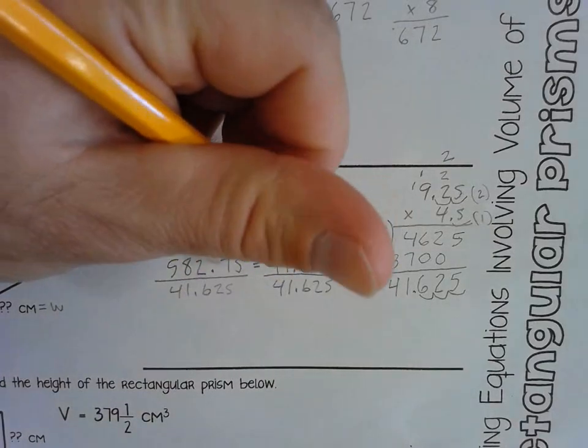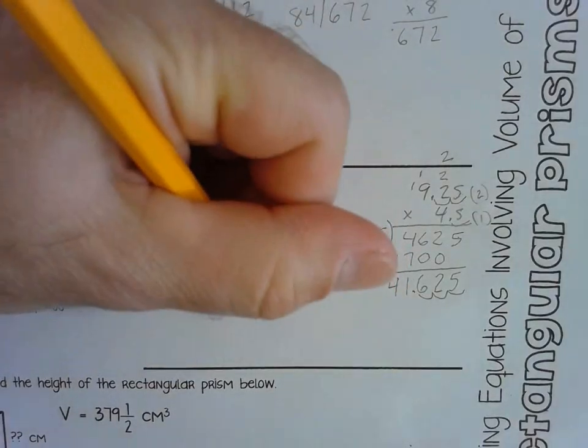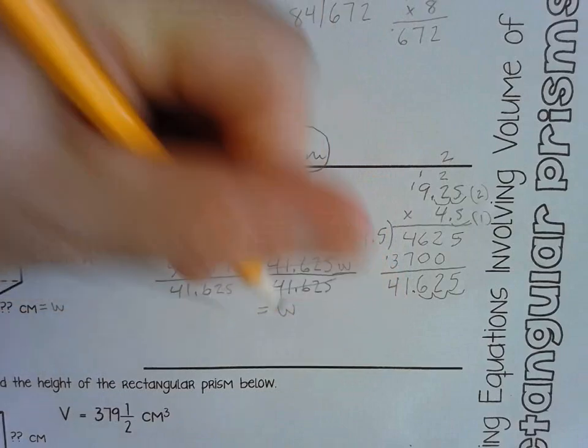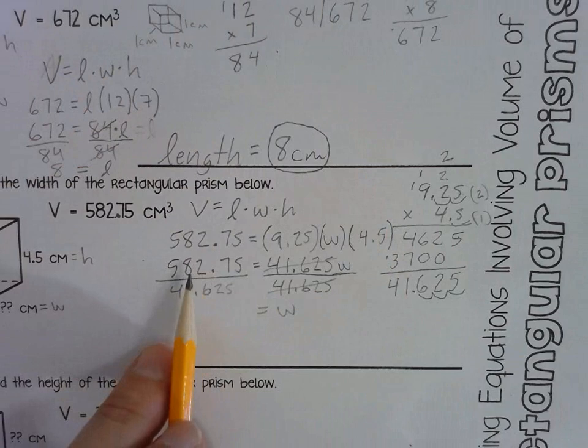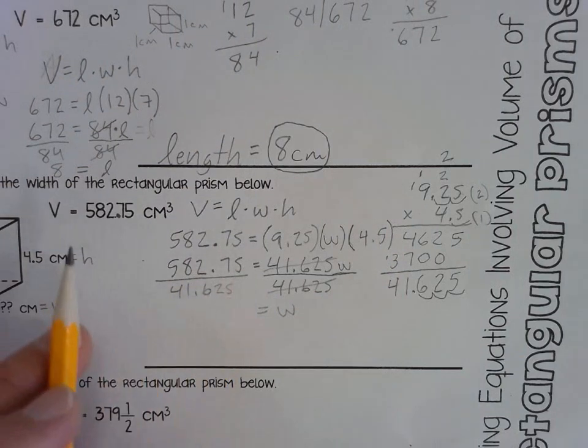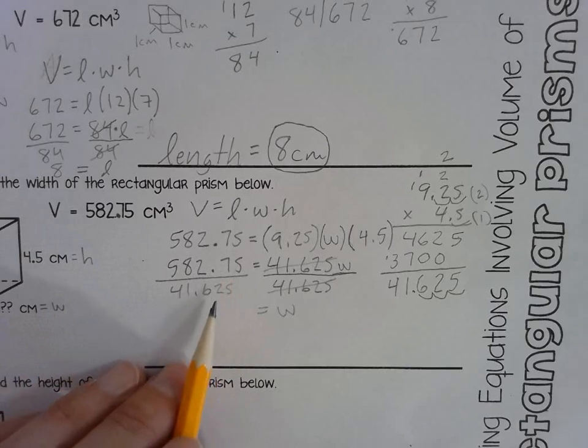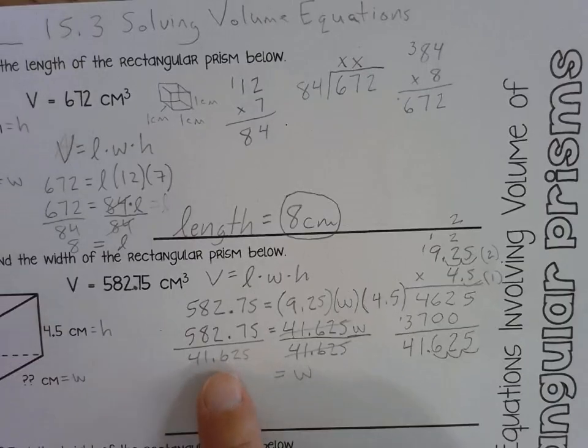Both of those cancel out, right? And all you're left with is W is equal to 582.75 divided by 41.625. Okay? So these are kind of big numbers, but we can do this.